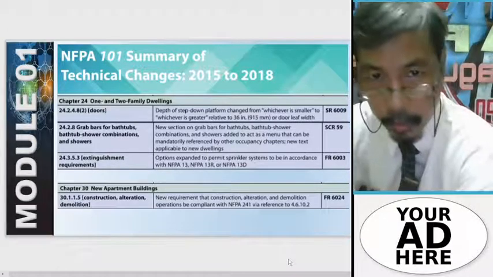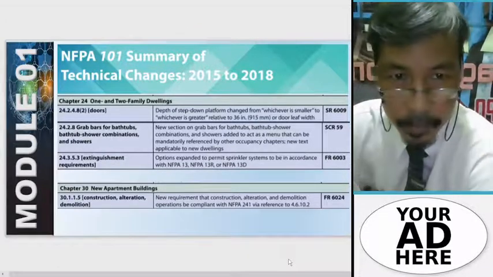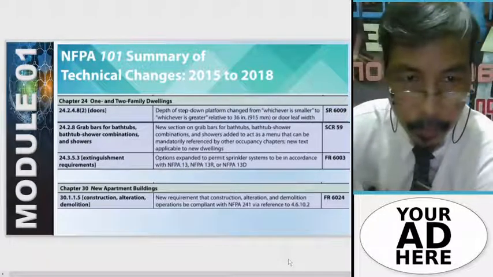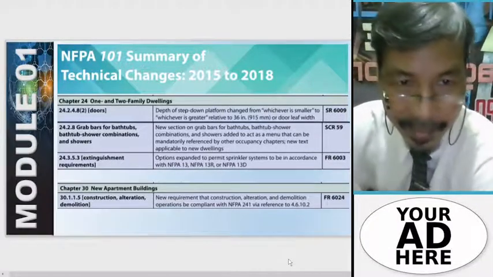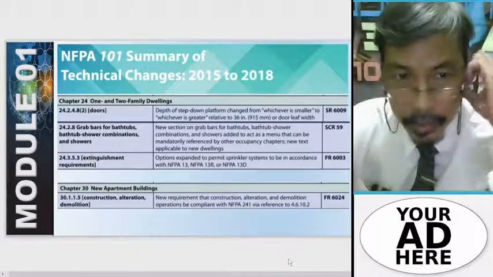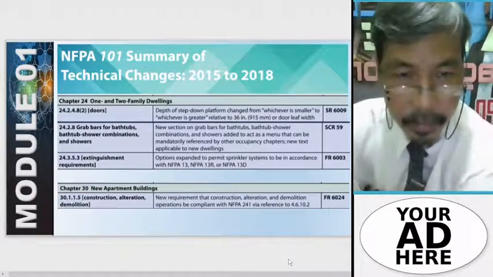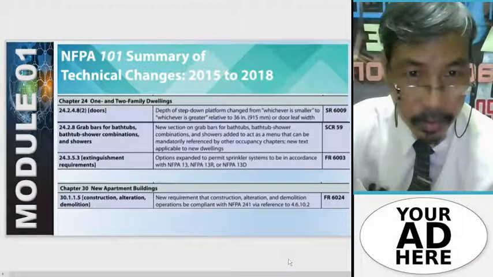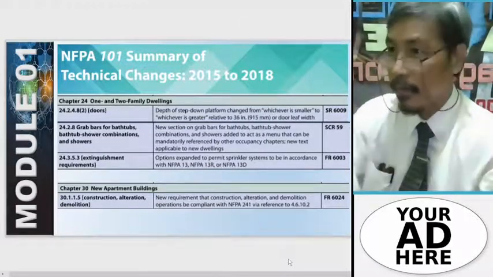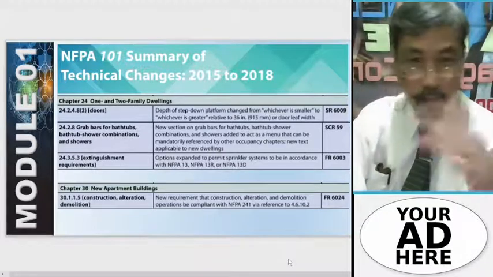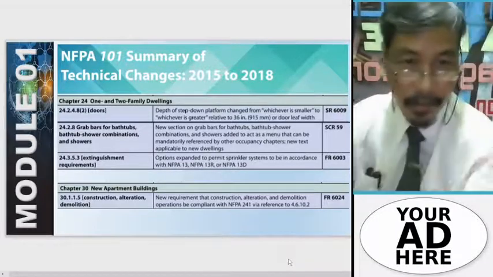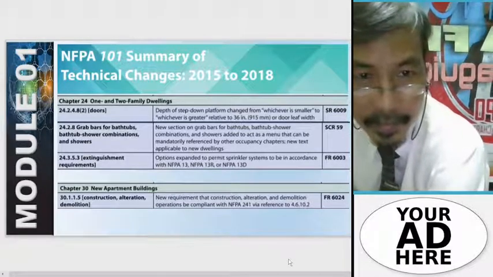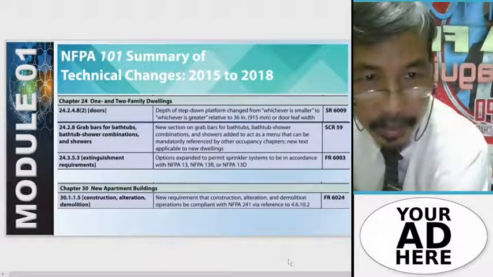About doors: the depth of the step-down platform changed from whichever is smaller to whichever is greater relative to 36 inches, or 9.15 meters. So, a very big change, in the opposite direction.